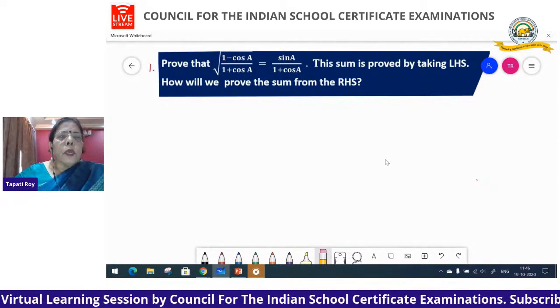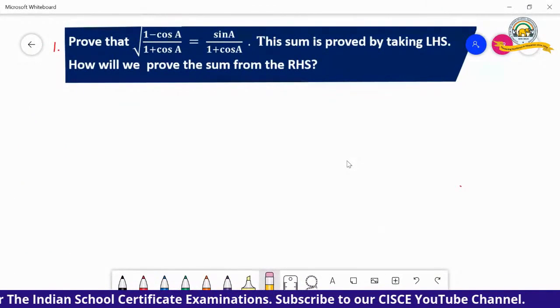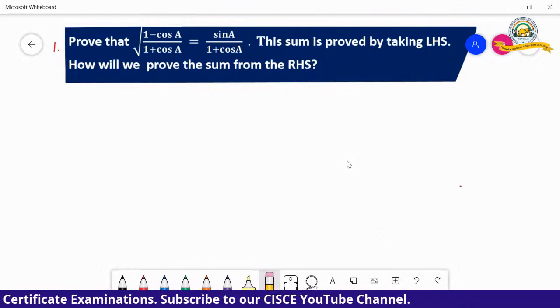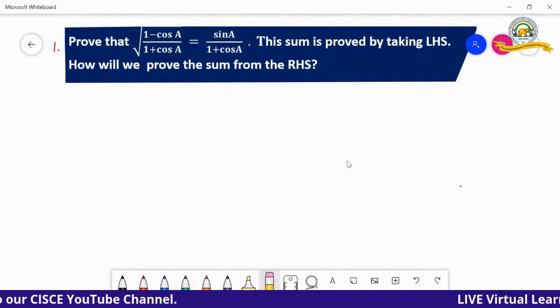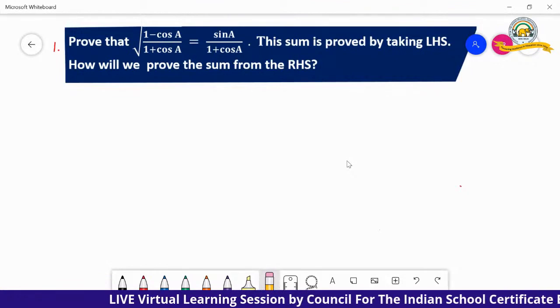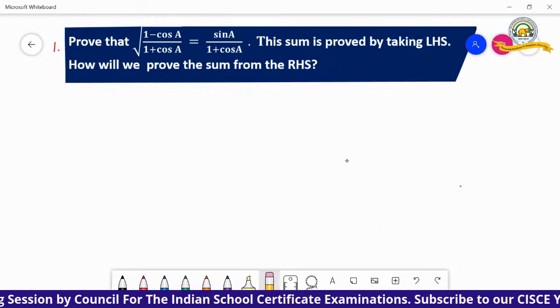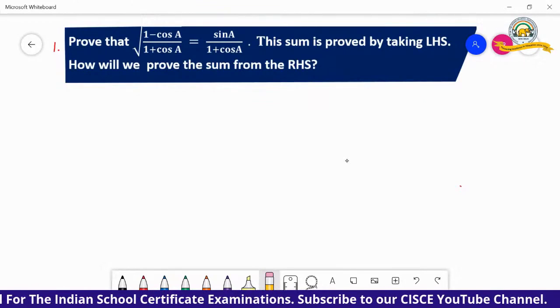Prove that square root of (1 minus cos A) by (1 plus cos A) equals sin A by (1 plus cos A). This sum I've already proved. This sum was proved by taking the left hand side. Yes, right, I did only the left hand side. Good observation, I must say. How will we prove the sum from the right hand side? So let us see whether we can prove it from the right hand side also.